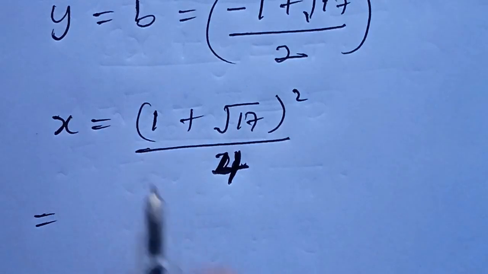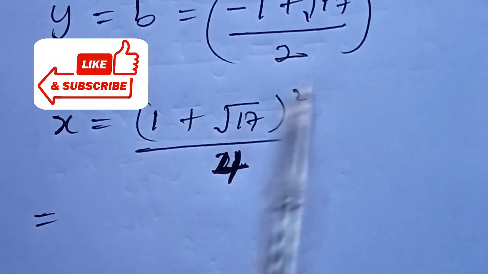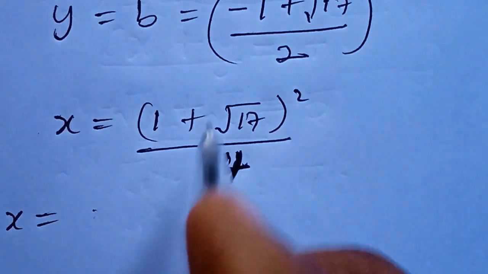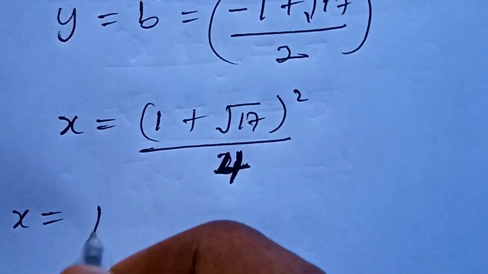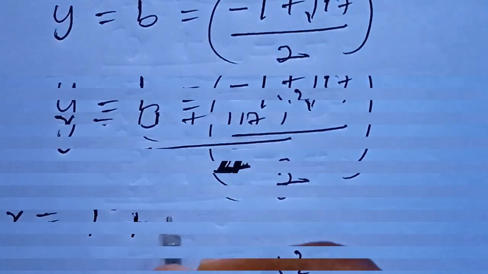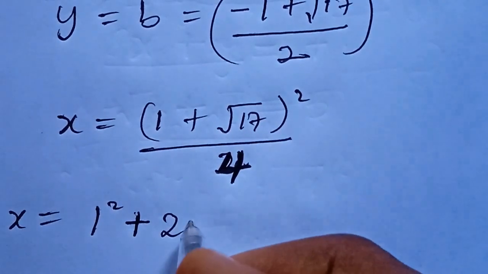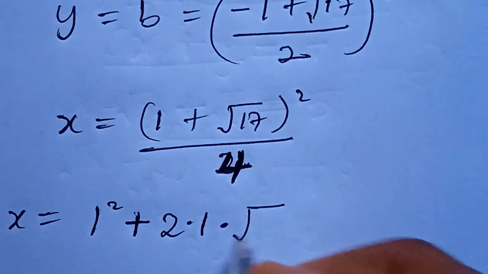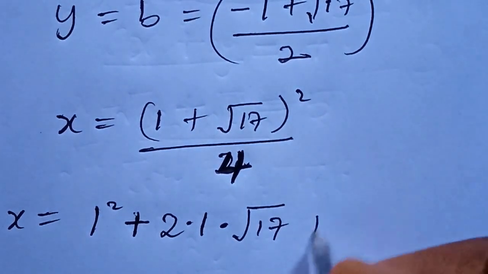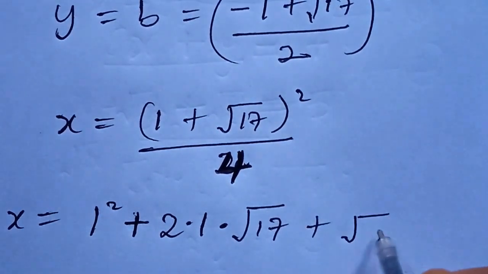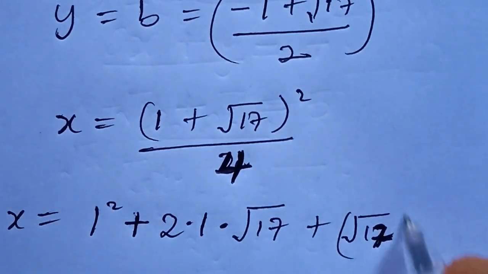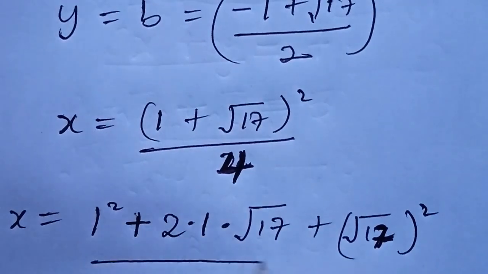This implies that from the numerator, if we expand this numerator, we have 1 squared plus 2 multiplied by 1, then multiplied by square root of 17, plus square root of 17 squared, everything over 4.